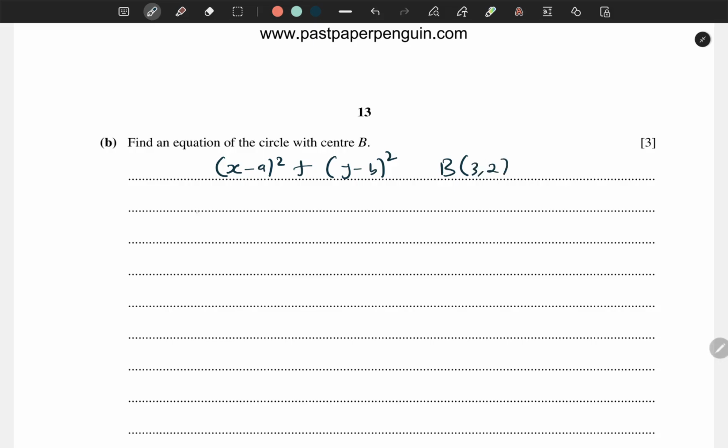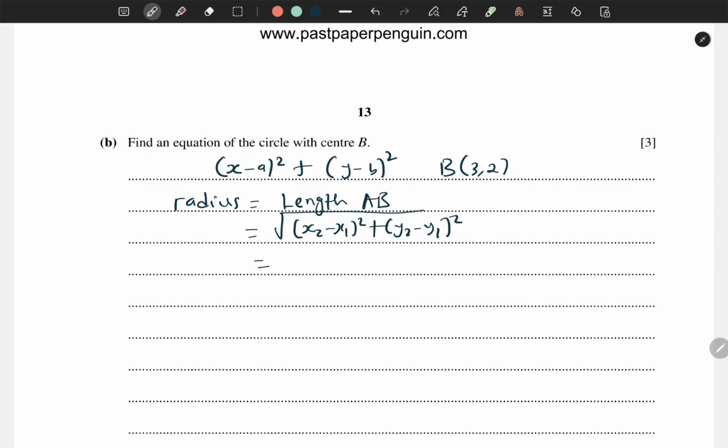The radius here is the same thing as the length AB. And to get the length AB, we have the square root of (x2 minus x1) squared plus (y2 minus y1) squared.